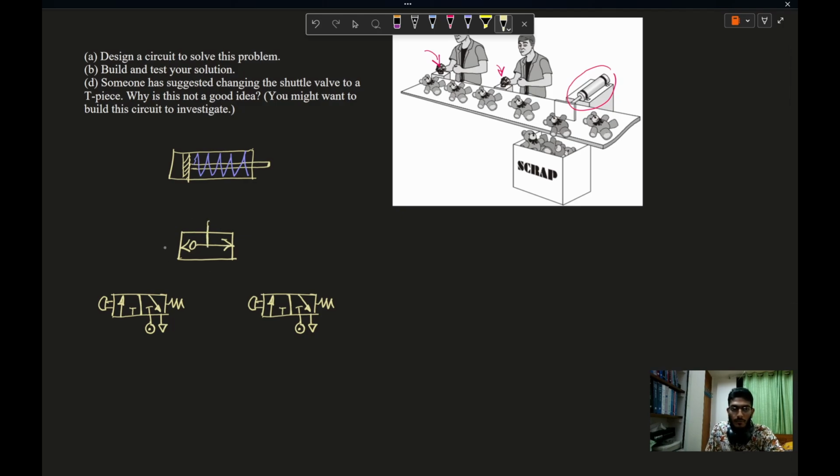This is the shuttle valve, which has two inputs in this side and one output in the upper side. Let's connect this. I will make the connection with another color. Perfect. Let's talk about the shuttle valve.